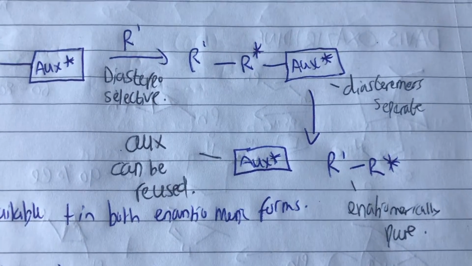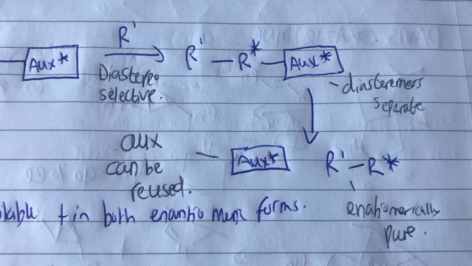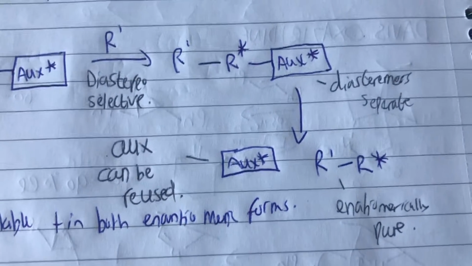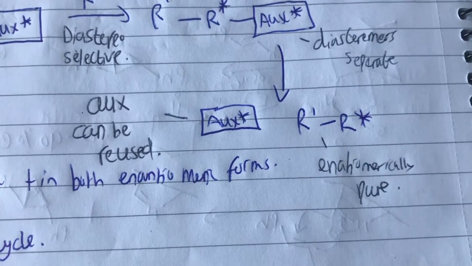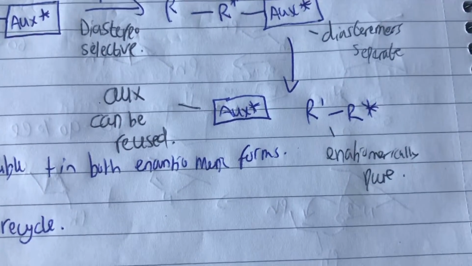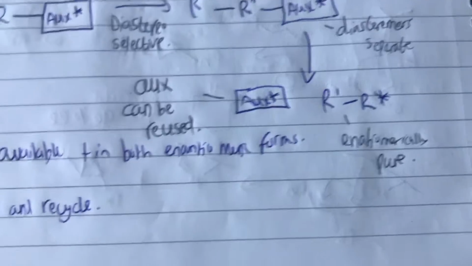The diastereomers separate, removing the auxiliary, and obviously the auxiliary can be reused, and that forms the enantiomerically pure R prime and R star, which is obviously something we're looking for.